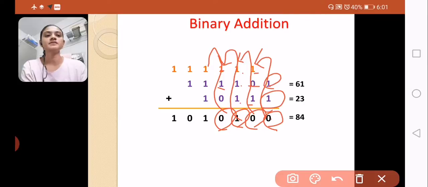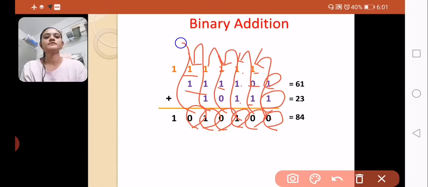Now three 1s, so it will give sum as 0 and carry is forwarded here. So 1 plus 1 gives sum as 0 and carry is forwarded here, and this is dropped down here. In this manner you can find the addition of any binary numbers using these binary addition rules.